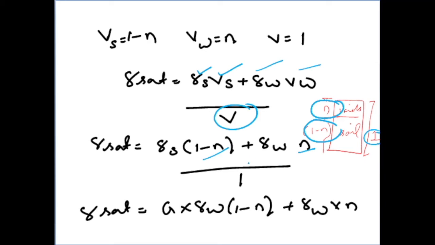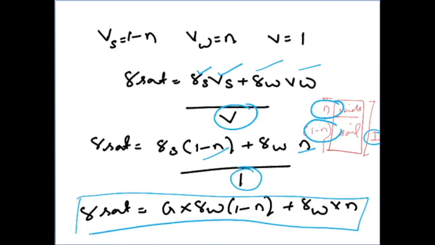This is from the figure. Total volume is 1. So gamma saturated can be written as G into gamma w into (1 minus n) plus gamma w into n. So I have represented gamma saturated in terms of porosity over here.